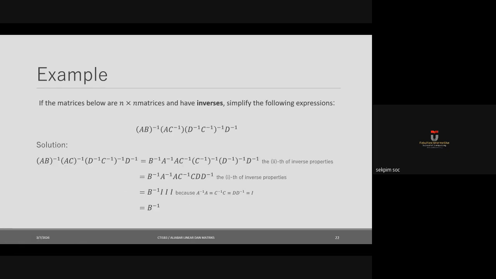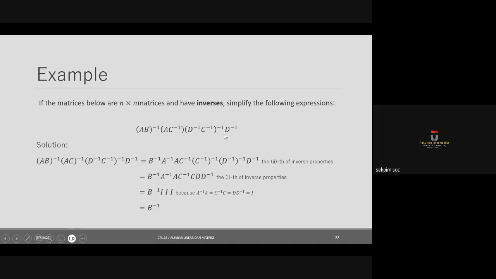Okay, and if the matrices below are n times n matrices and they all have an inverse, you need to simplify the form. So from this part, AB inverse, you will get B inverse A inverse, and AC inverse, just AC inverse, right? For this part, since we have an inverse here, C inverse inverse is just C. You will find it as a C here.